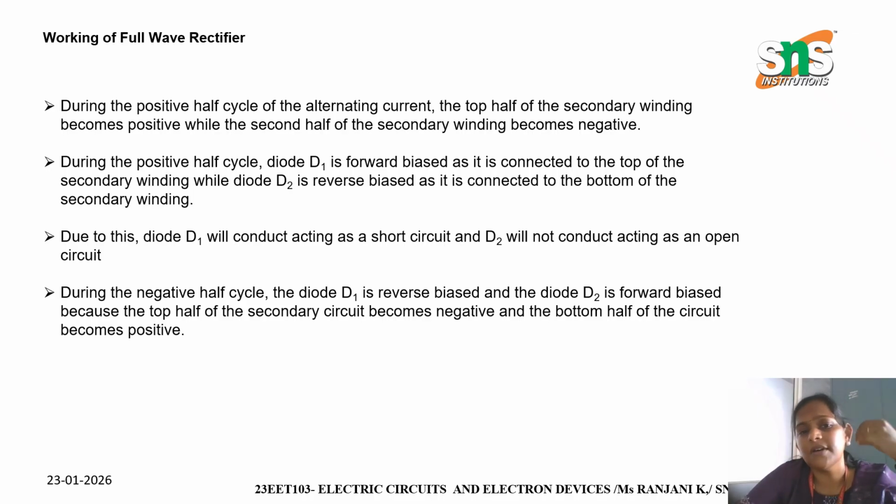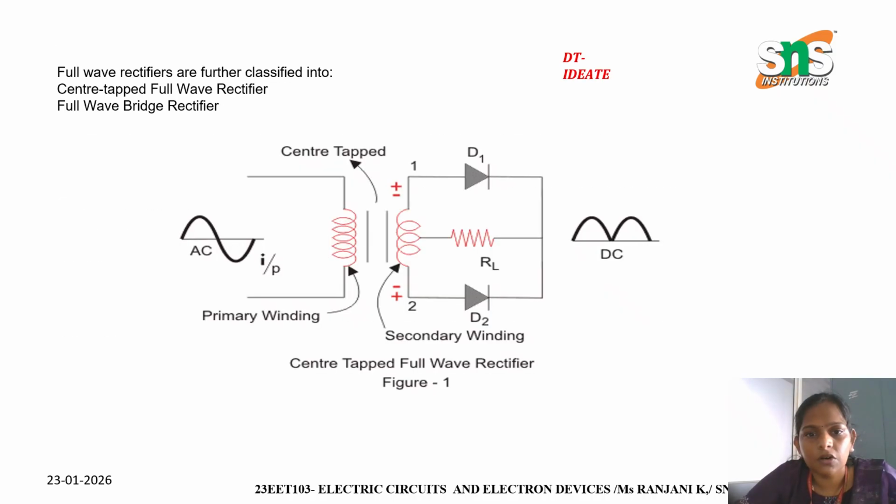During the negative half cycle, diode D1 is reverse biased and diode D2 is forward biased, because the top of the secondary becomes negative and the bottom becomes positive. This diagram shows how the center tap full wave rectifier acts.